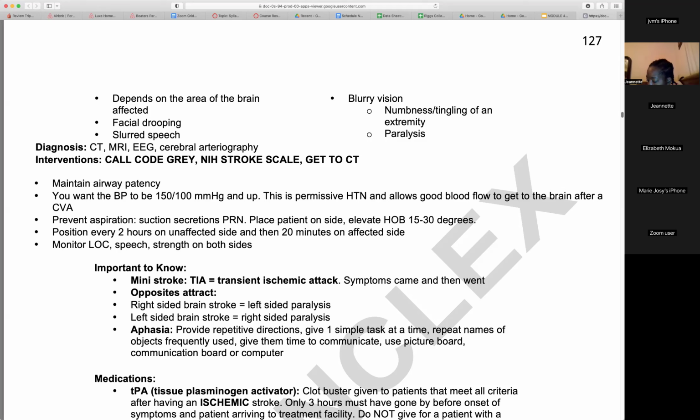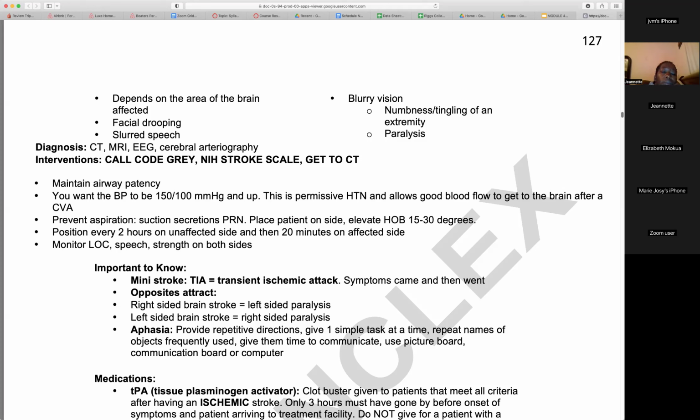So when we say time is brain, what does that mean? It does mean that the earlier you get the patient help, the better for the patient to survive the stroke. Very good.